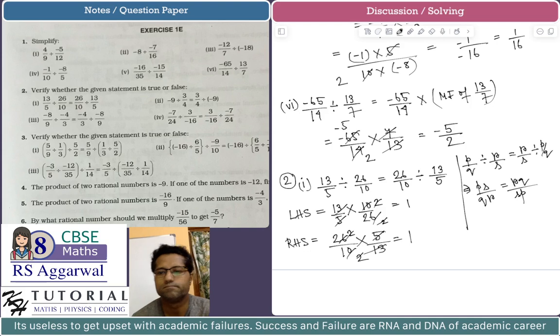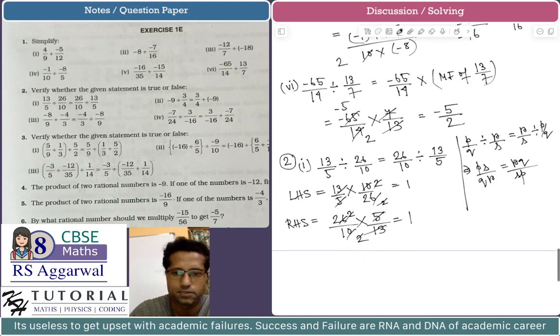In general, we know that division operation is not commutative, but for solving this kind of problem, it is better that you evaluate both the left hand side and the right hand side, and then you match the values. In this case, they are equal.